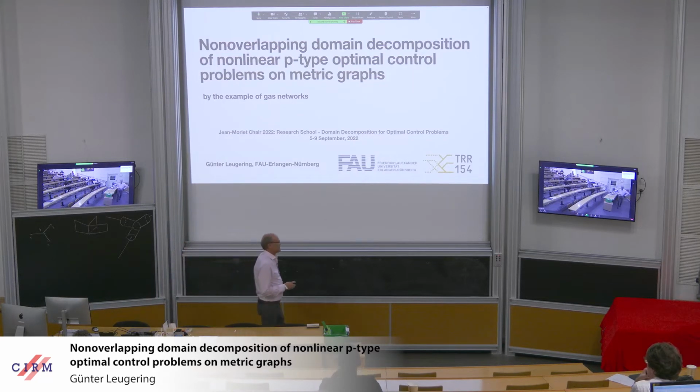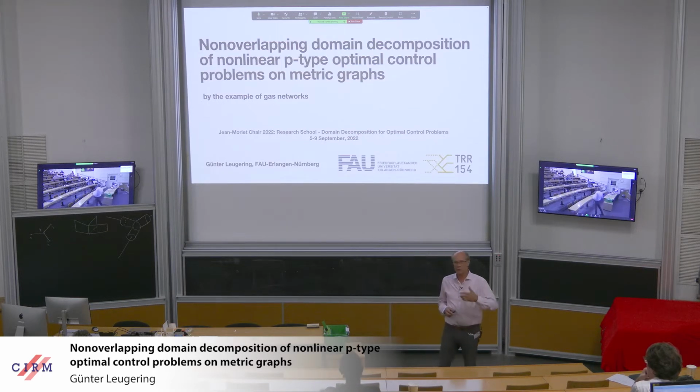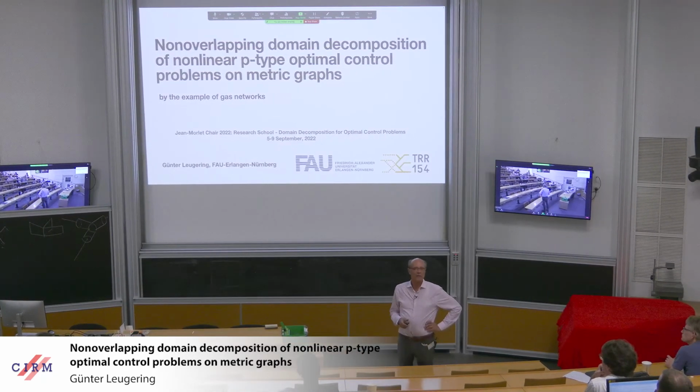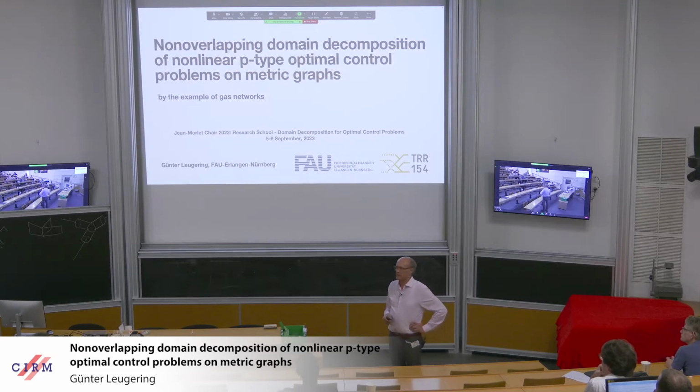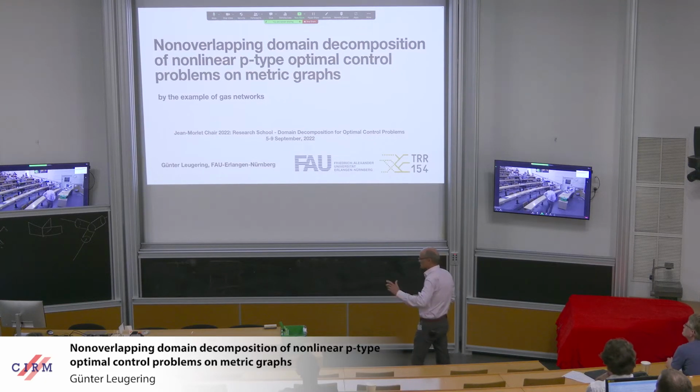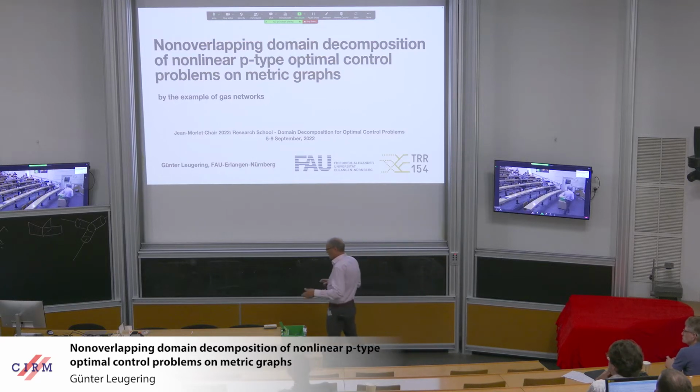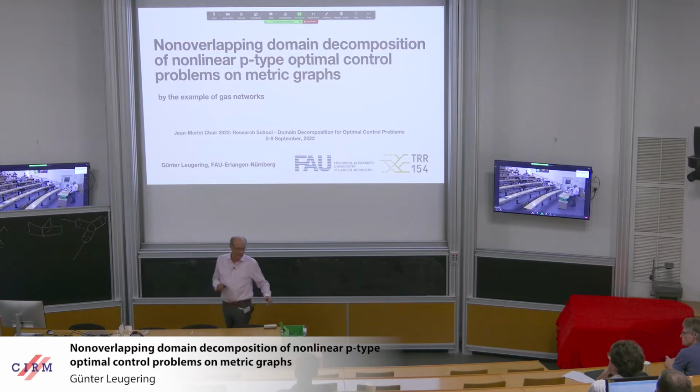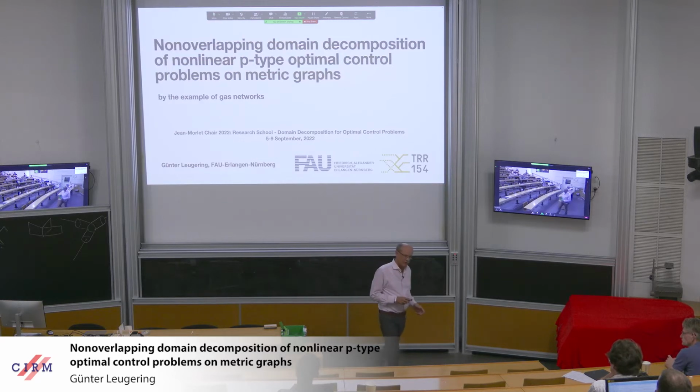Now, why do I tell this here in the school for domain decomposition? First of all, one can formulate, and I will do that, optimal control problems. But secondly, you have seen the talks by Axel Klawonn and also Rolf Krause and Victorita Dolean, and also others. You typically talk about domain decomposition in higher dimensions. So 1D, locally 1D, you would think, well, this is a trivial thing numerically, right?